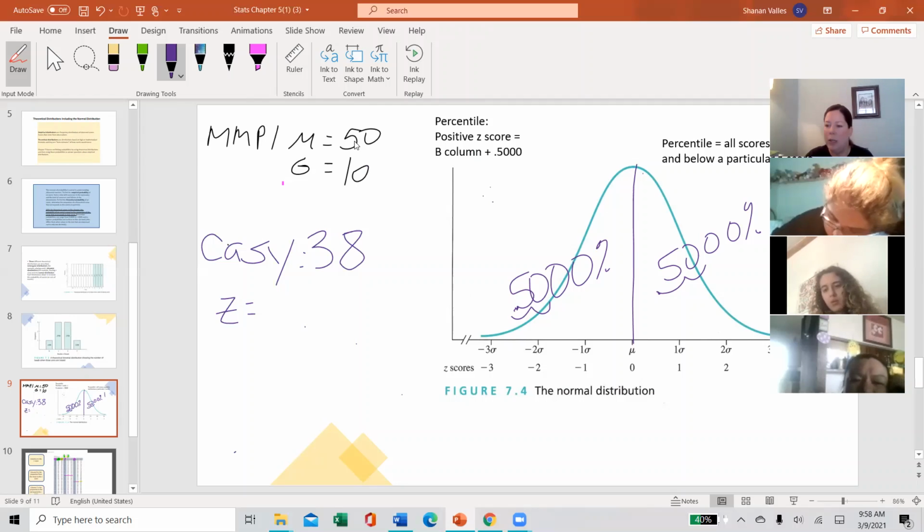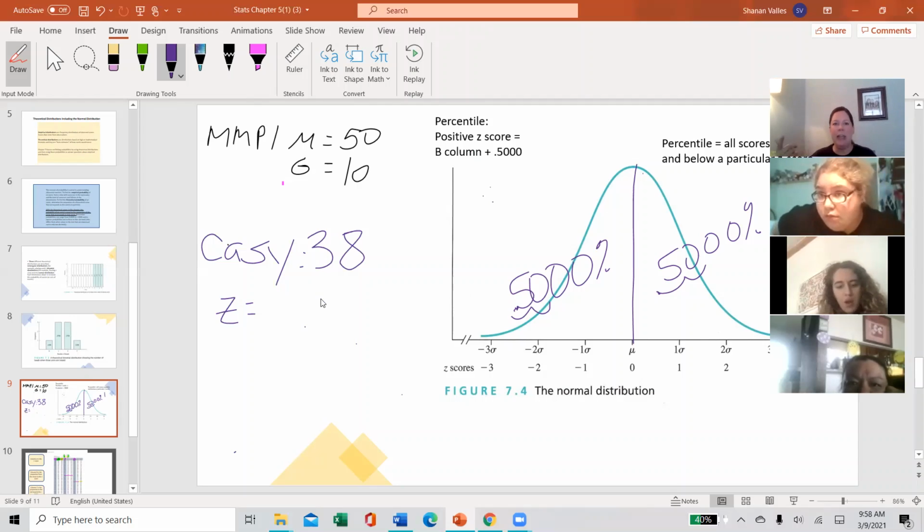So it's like thinking, it's below the mean, so I know the z-score is going to be negative. If the mean was 60 instead of 50, then 58 would be below the mean. It all depends on what the mean is for the thing you're looking at, and that could change all the time too.